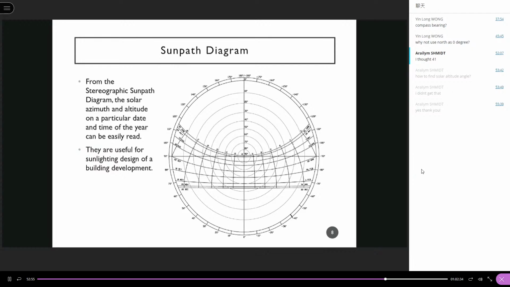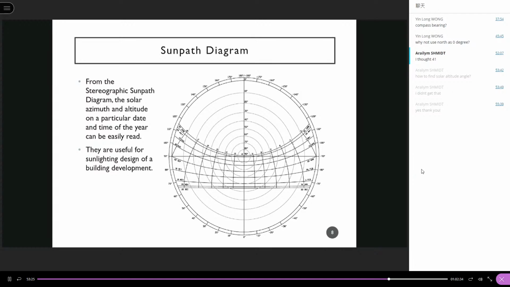It will be like this. I cannot draw it properly, but around 30 to 40, around 40. Anyway, this is how you find out the solar azimuth angle. When you are doing it on paper, it will be easier for you to draw the line.